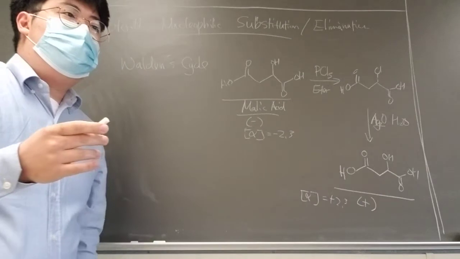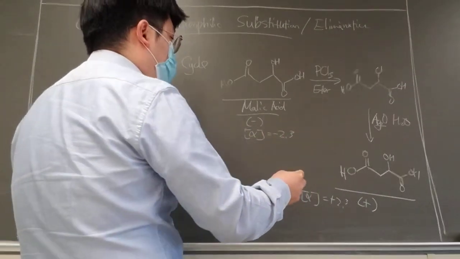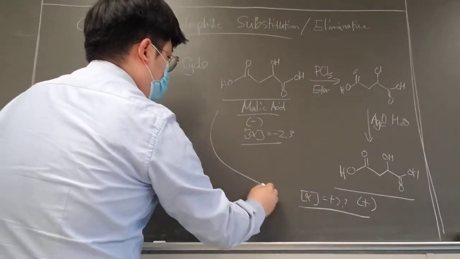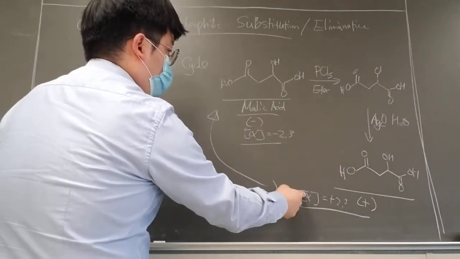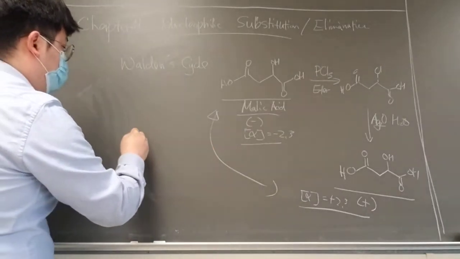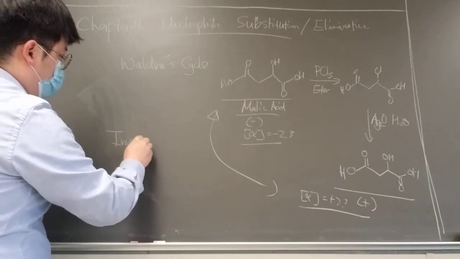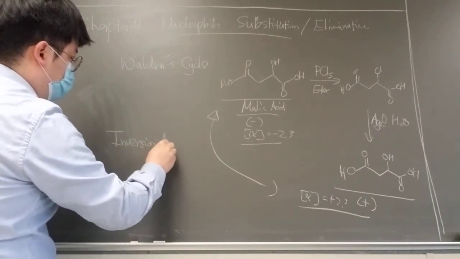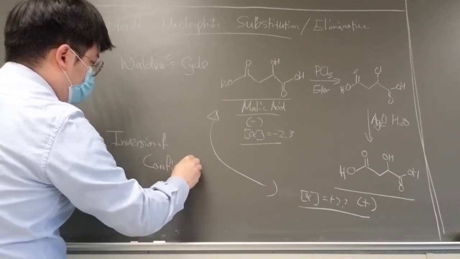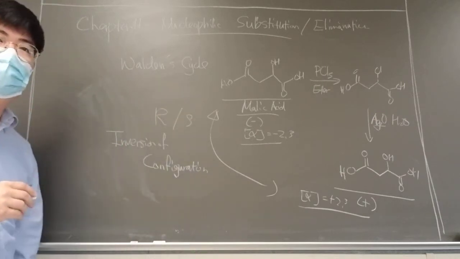So you wonder why there might be something going on here. There is a change in the optical property, the same degree but in the opposite direction, and we're assuming there might be an inversion of configuration, meaning R and S. You guys remember this one, right?